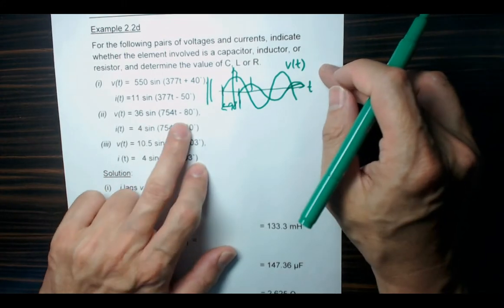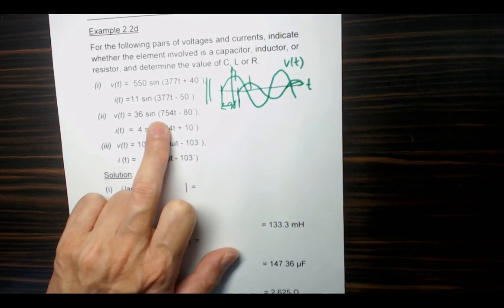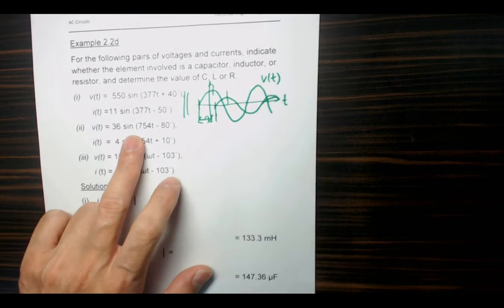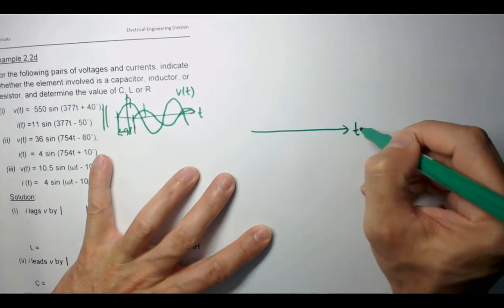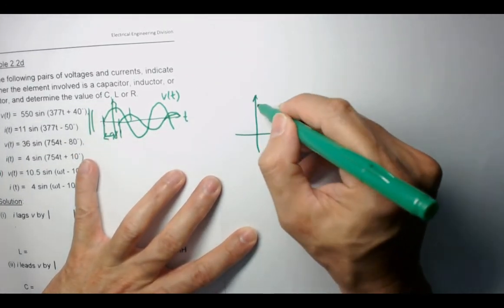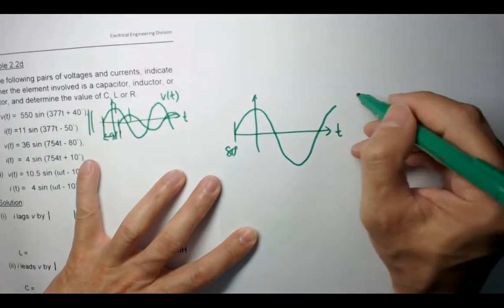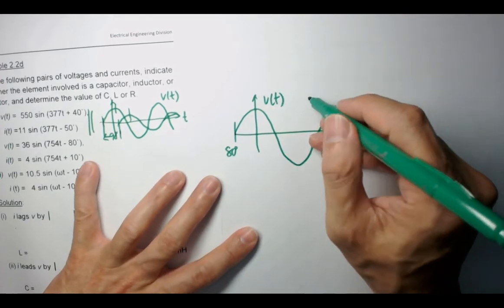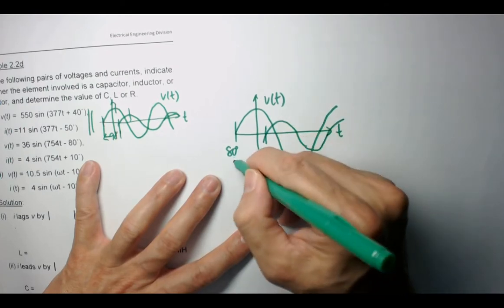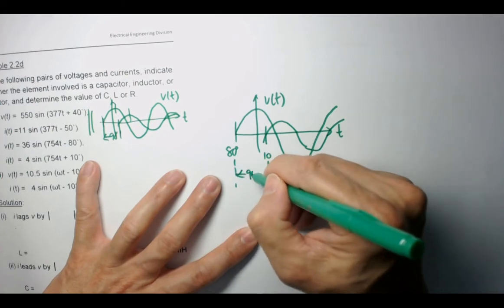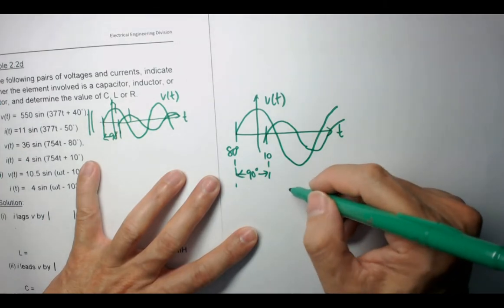Now second situation, the voltage is again ahead. I draw it here. In the second situation, the voltage is ahead by about 80 degrees and the current is behind by 10 degrees. So the current is here, right? 10 degrees. So again the difference is 90 degrees, but the voltage leads the current.